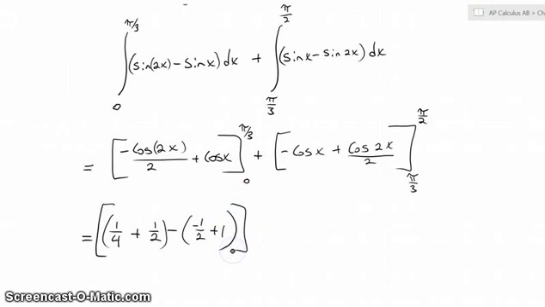And we need to add in this other piece. Cosine at pi over 2 is 0, and cosine at 2 times pi over 2 is cosine pi, which is negative 1, so that's going to be negative 1/2.